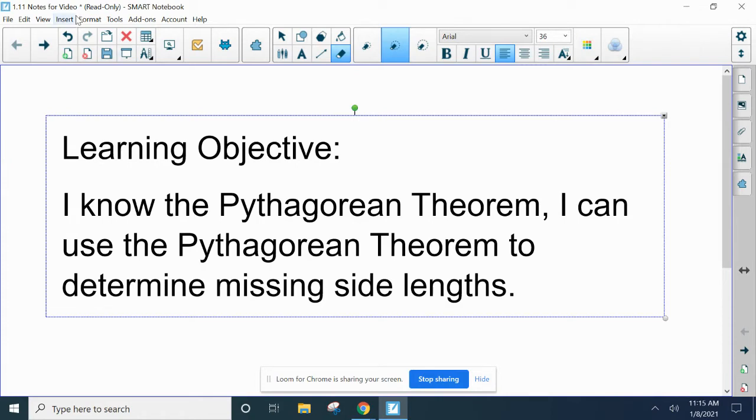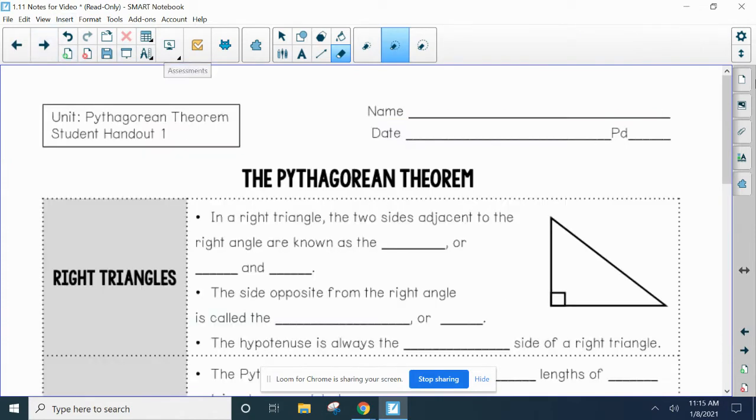So today we're talking about the Pythagorean theorem. In a right triangle, the two sides adjacent to the right angle are known as your legs, or A and B. So this is our right angle.